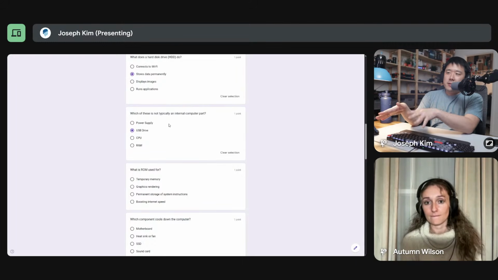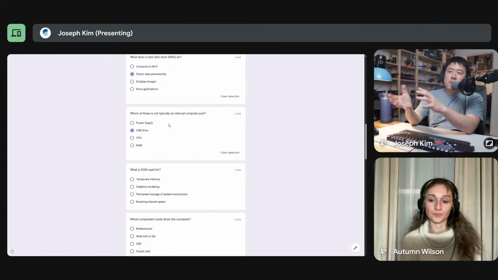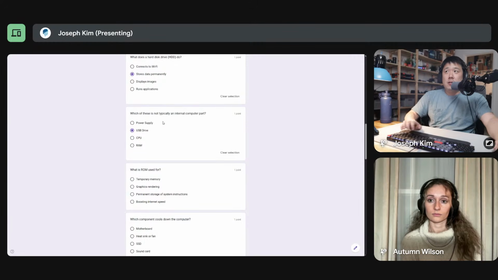USB port is internal, I guess. But USB drive, meaning external drive, those are kind of interchangeable terms with your thumb drive or external drive. It is not an internal part. It's something that you plug into your machine.